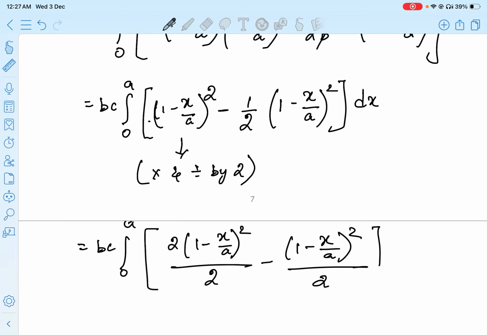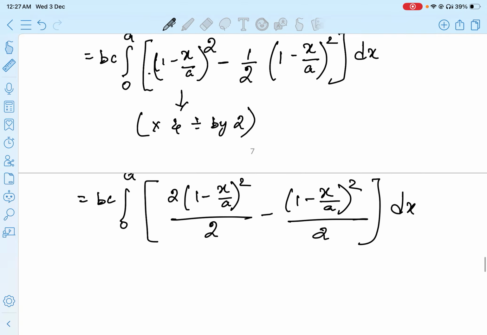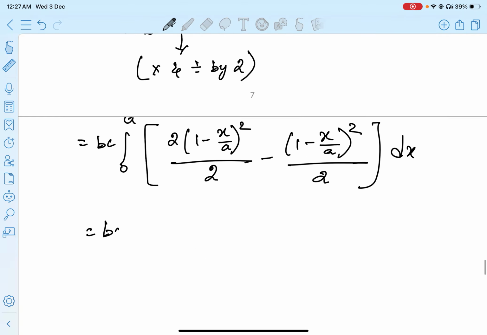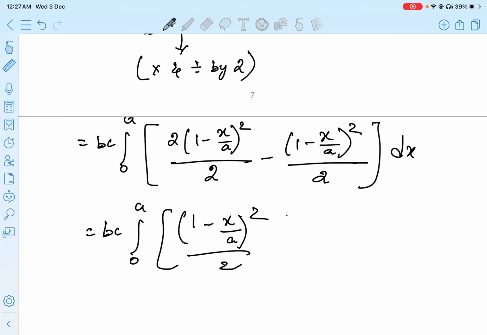Both the denominators are equal, so we can subtract this term. So what will happen? bc integral 0 to a, 1 minus x by a the whole square by 2 into dx.